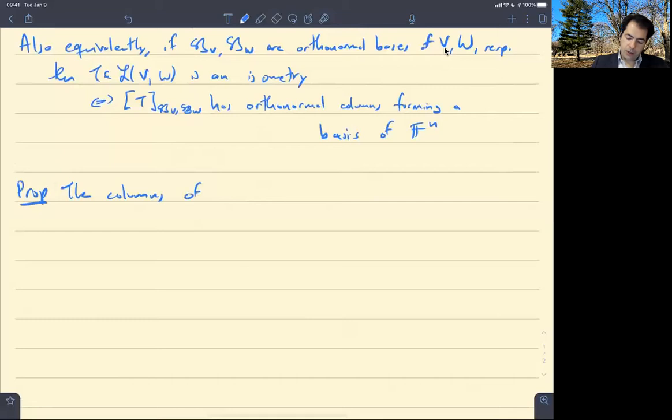The columns of a square matrix A of size n by n are orthonormal if and only if A star A is equal to the identity.